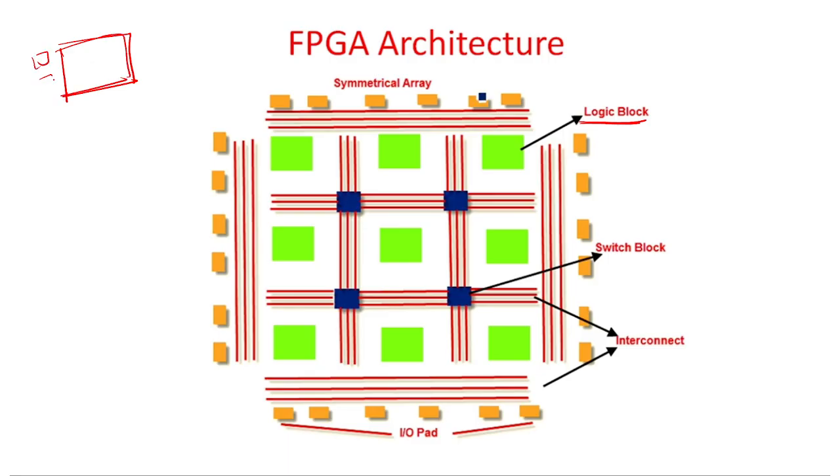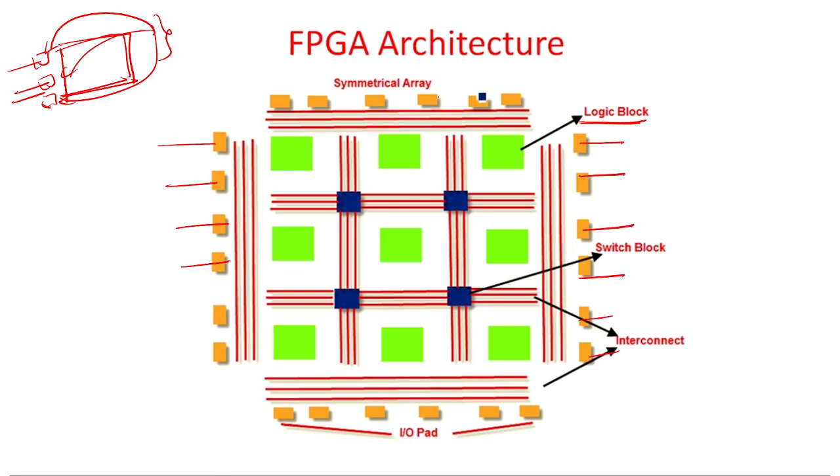If IO blocks are only here, you can connect the input directly, but if you need to connect the output from the other side, you cannot. That's why IO blocks are connected on all sides. From here you can connect input, and here you can connect output, like this, all those things.